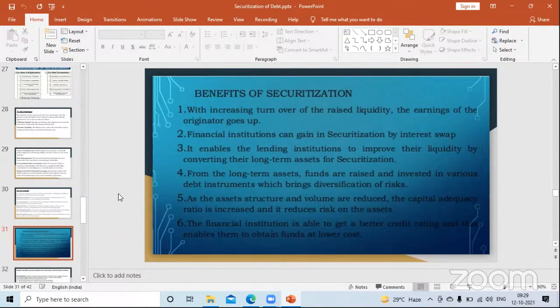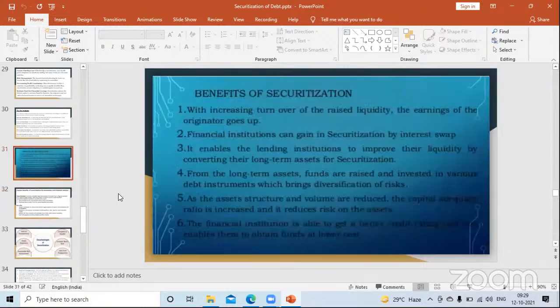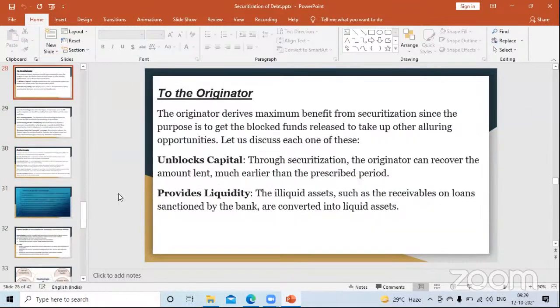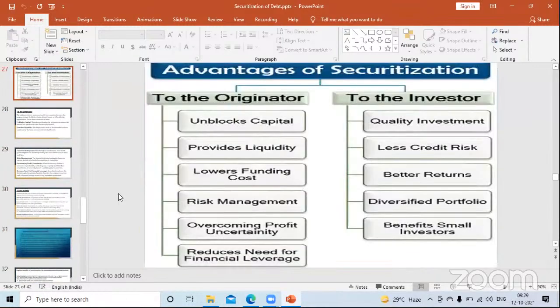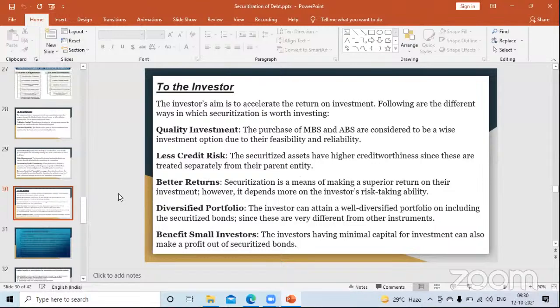Okay. So these were a few overall benefits that an institution may have. And these were the benefits which were divided into two criteria based on advantages to originator and advantages to investor.